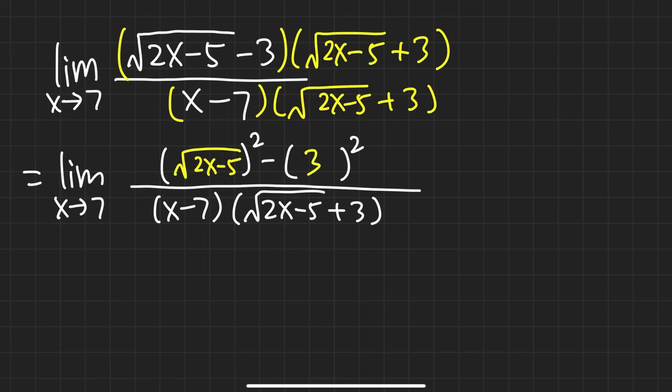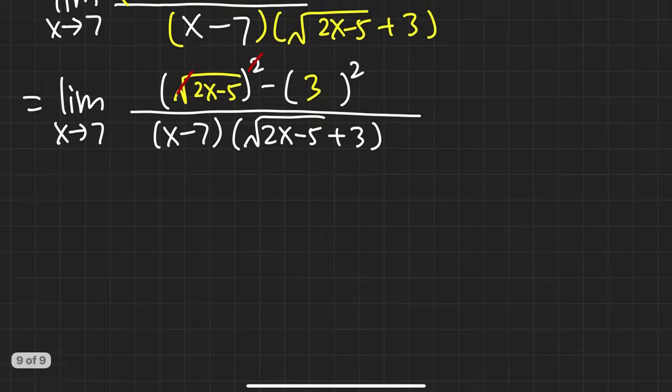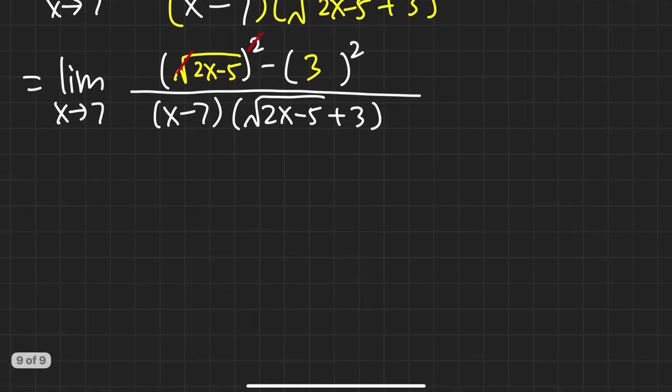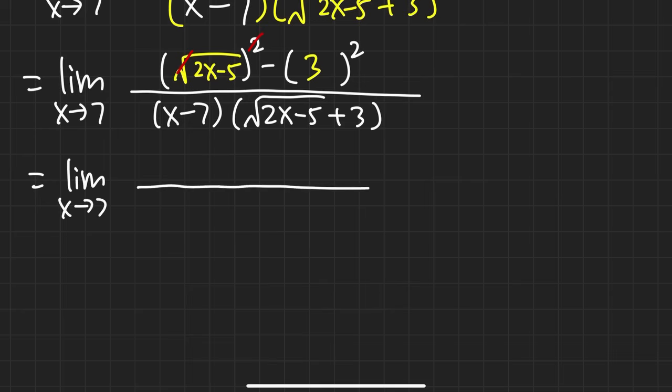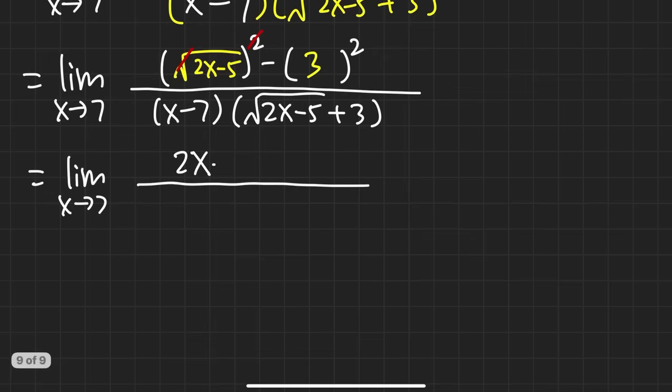So square and square root cancel, and then we will have the limit as x approaching 7. On the top, we have 2x, not 25, I mean 2x minus 5, and then 3 squared is 9, so minus 9, and we have the rest.